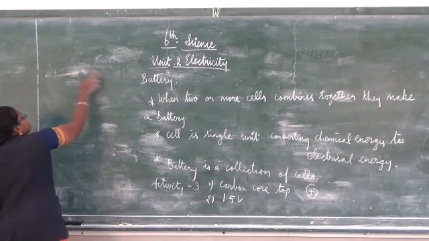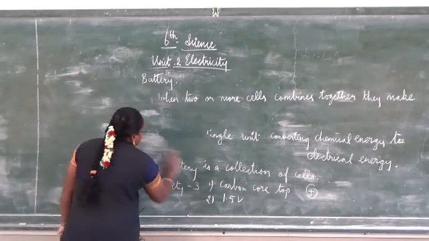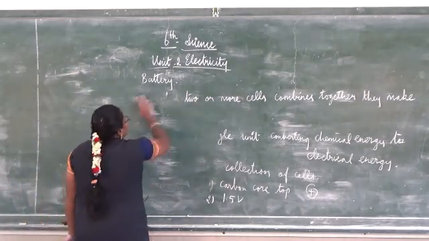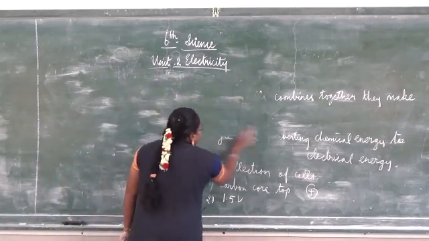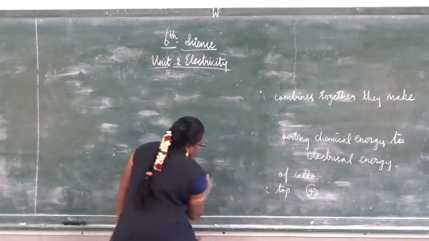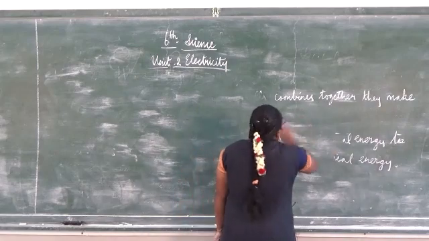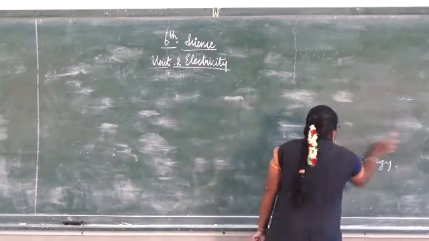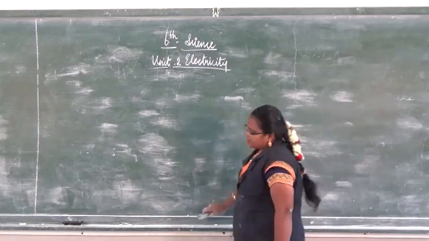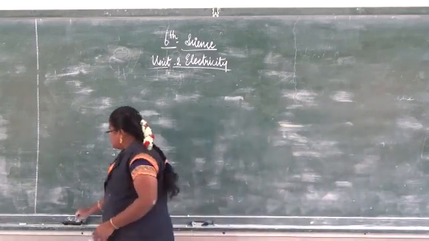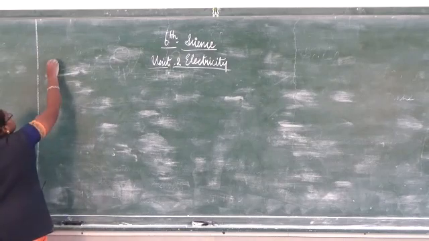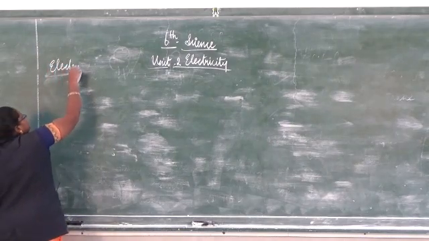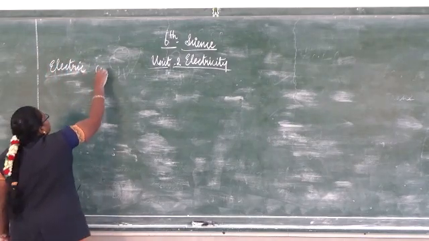Understand? Next we are going to see about the electric circuit. Before going to see the electric circuit, we will see the inside view of the battery. Next heading is electric circuit.